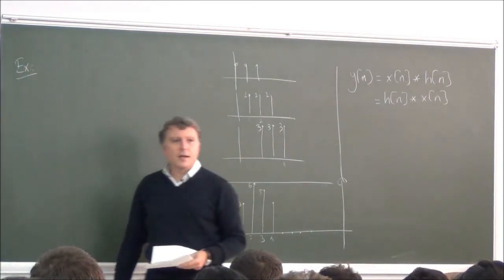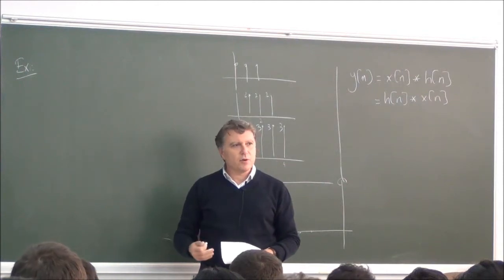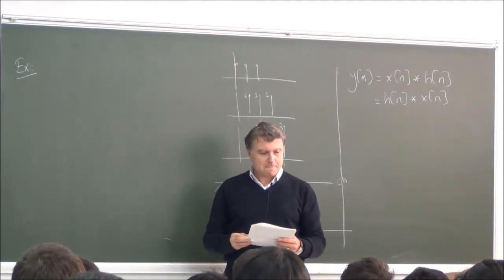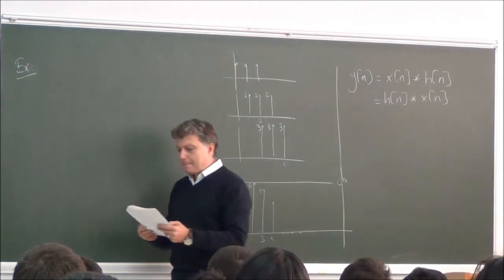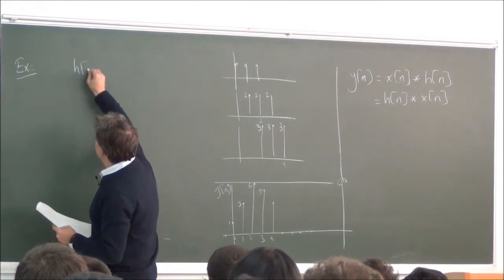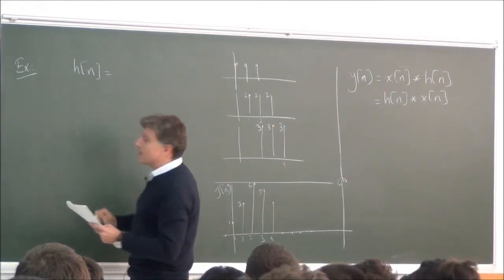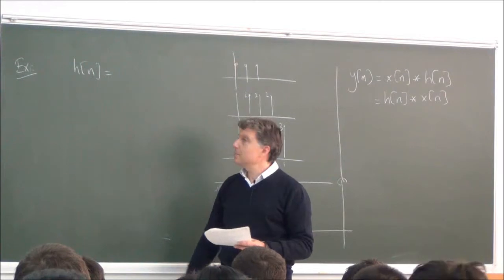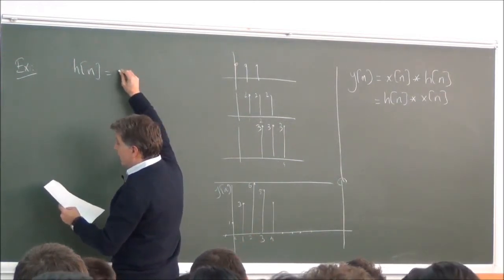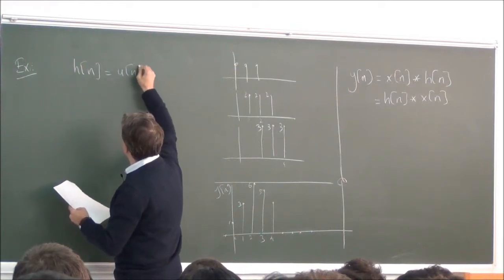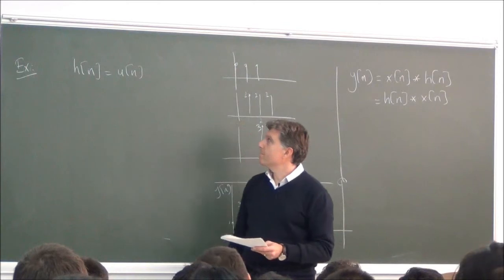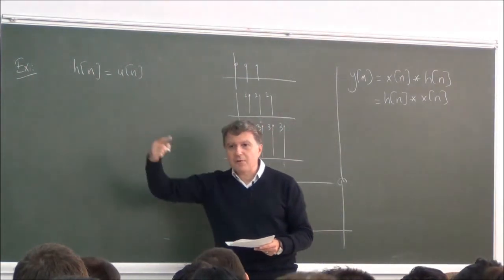Now let's see another example which is a little bit more involved, because this example will not be finite extent. It will be a bit complicated. Suppose the impulse response of a discrete time linear and time invariant system is given as h of n equals u of n. Now what is that? The impulse response is a unit step function.